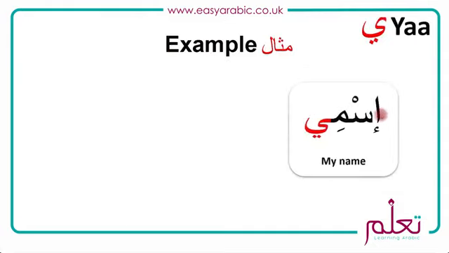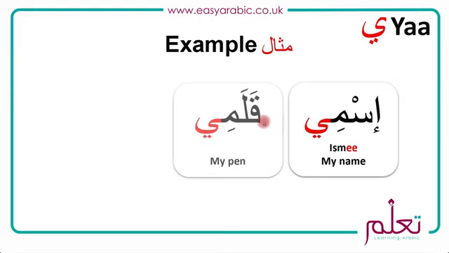So we've got here alif with the kasra is i, sin with the sukun is is, mim with the kasra is ismi, and then the ya, ismi, which is my name. Next one is qaf with the fatha is qa, lam with the fatha is qala, and then the mim with the kasra is qalami, and then the variant qalami, which is my pen.